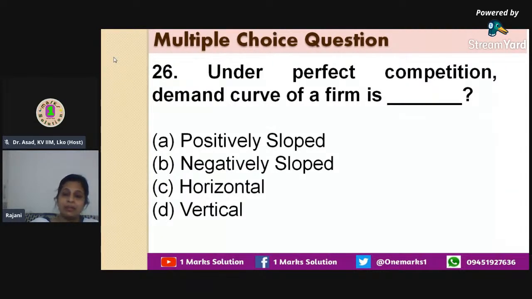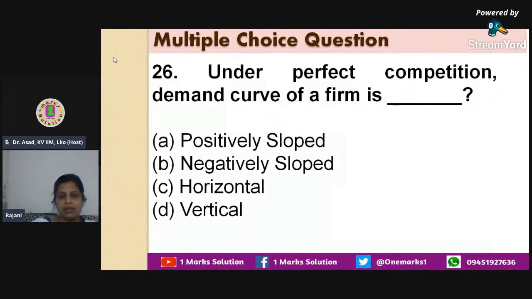Okay, next coming to the 26th one. Under perfect competition, the demand curve of a firm is, again we come to perfect competition. The demand curve of a firm is price equal to AR curve. So tell me the correct option: whether it is positively sloped, no; negatively sloped, no, because firms are price takers. Horizontal means infinite change in quantity demanded.